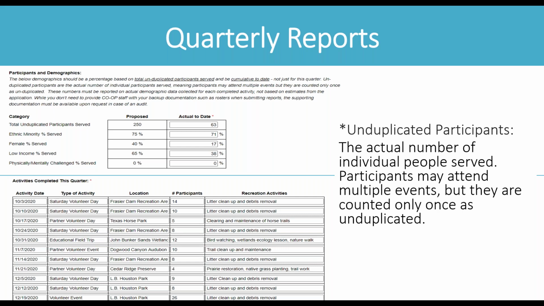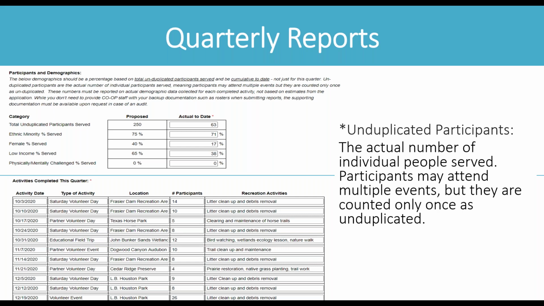And you'll need to provide a snapshot of your participants served and their demographics. This snapshot would reflect the entire grant period. So you can see it says proposed and then actual to date. This allows us to determine if you're on track to meet your goals by the end of the grant.